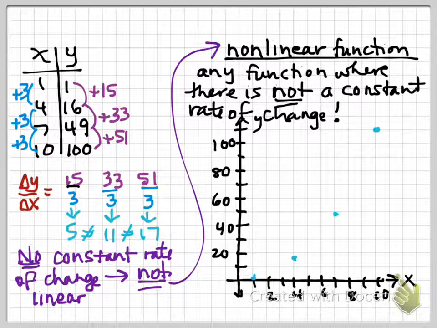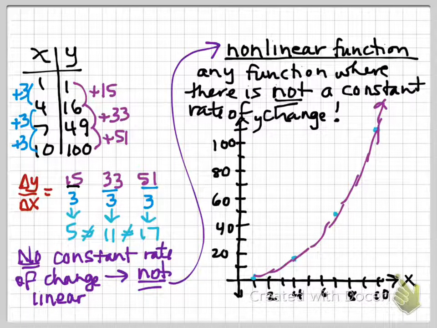So notice that I can't draw one straight line. In fact, if I try to connect, I could get lines through those two, lines through those two, maybe lines through those, but I can't get one straight line between all of them. So really, what would be a word that you would use to describe the graph for this one?